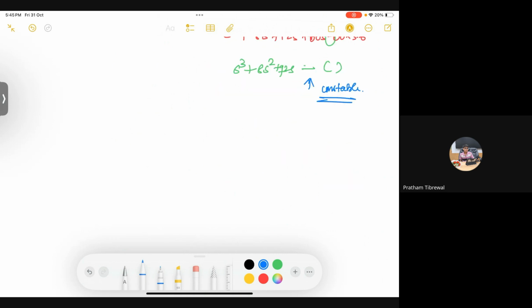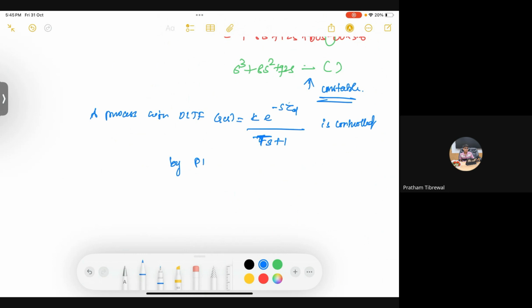Right. A process with open loop transfer function G of s equal to K e power minus s tau d by (capital T s plus 1), where T is the time constant, is controlled by a PID controller.